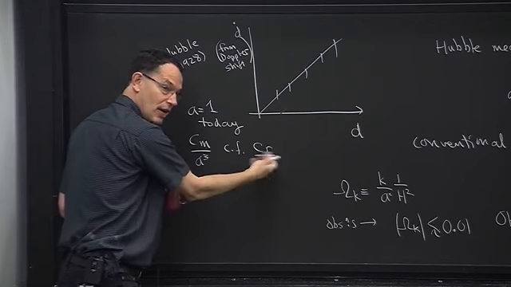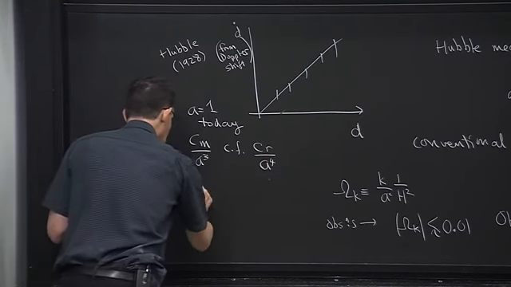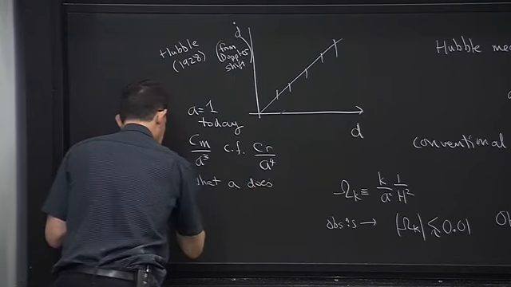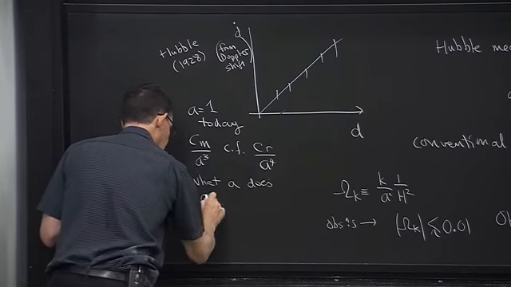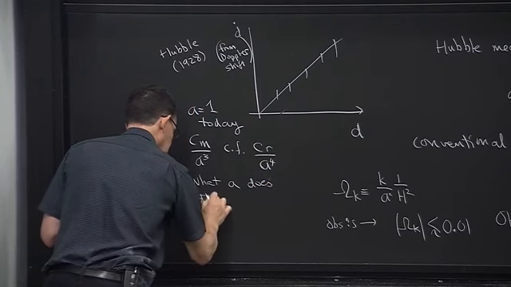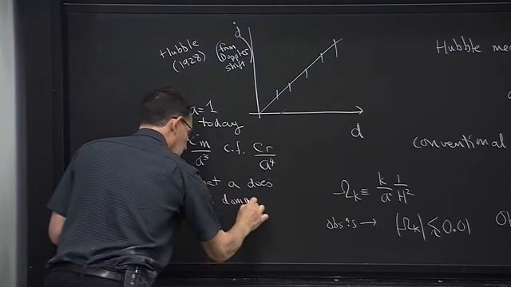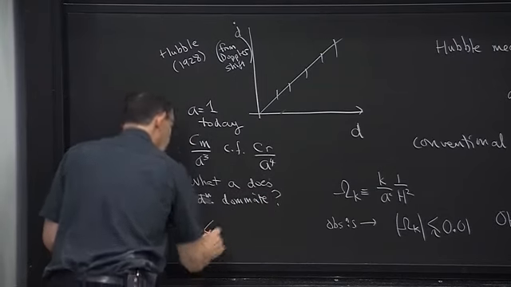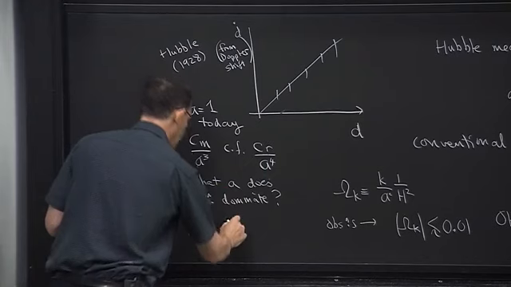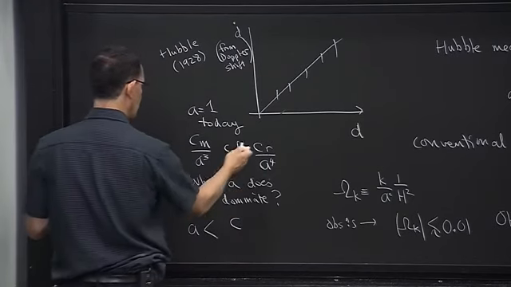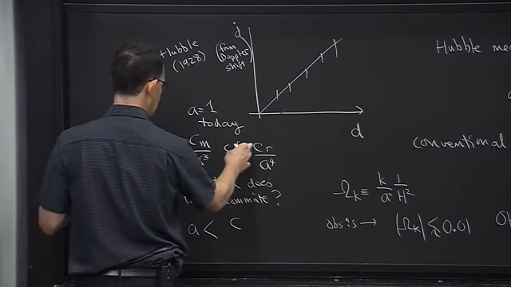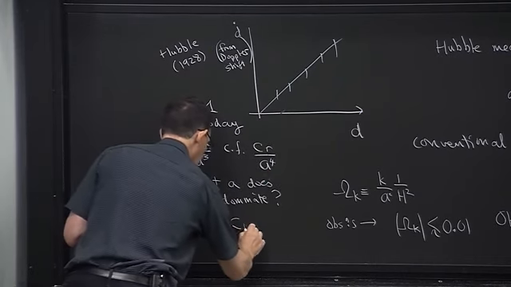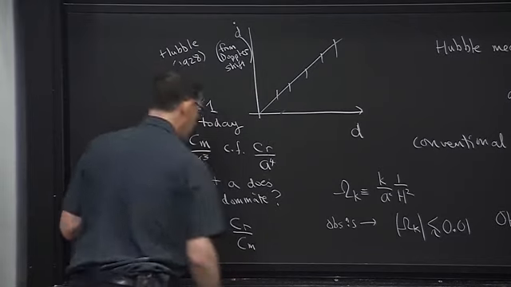But as we go to smaller a, this guy's going to win, because it scales faster. So you can ask for what a does radiation dominate? It's for a less than CR over CM.